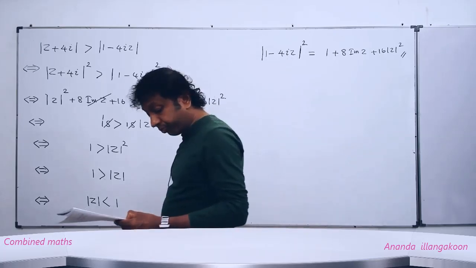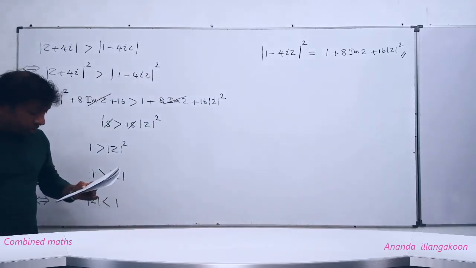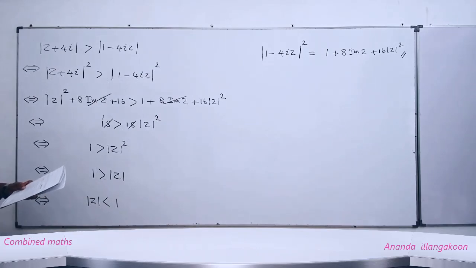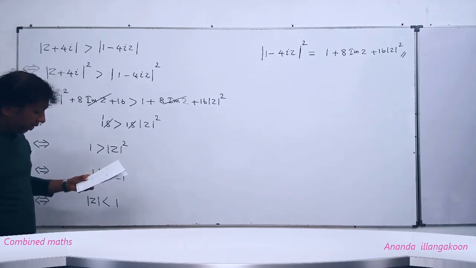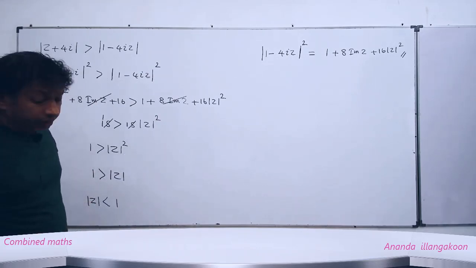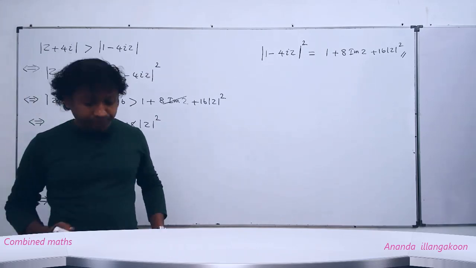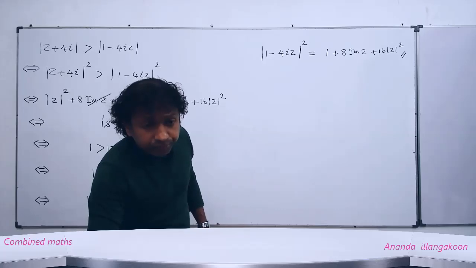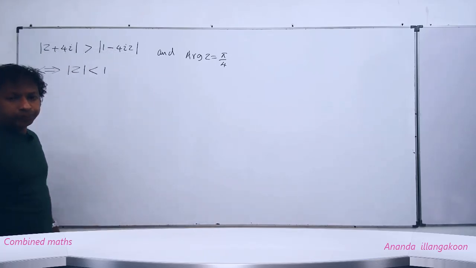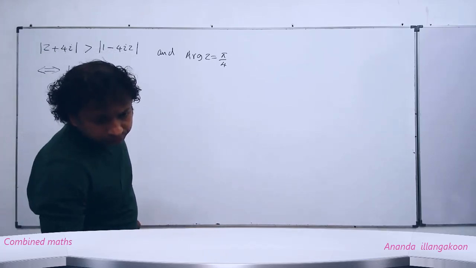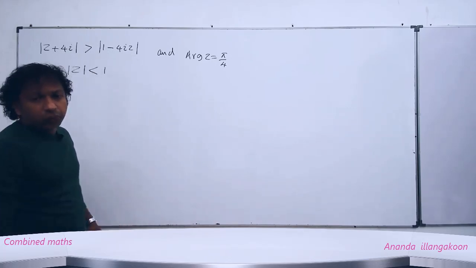Right, next one, people. Read the next part. Plot the points that represent the complex numbers z satisfying the conditions: the modulus of z plus 4i greater than the modulus of 1 minus 4i z, and arg z equals pi by 4. Okay, people. Now, try to sketch that common region.